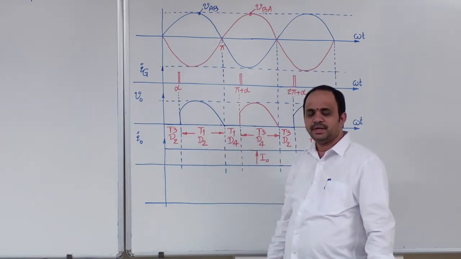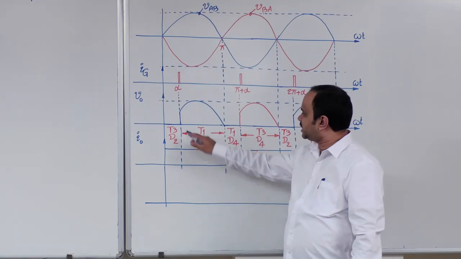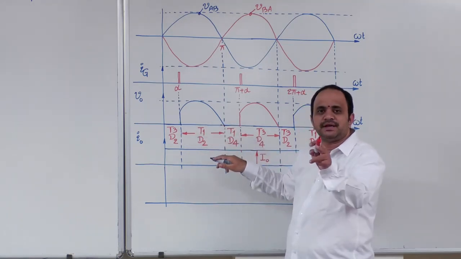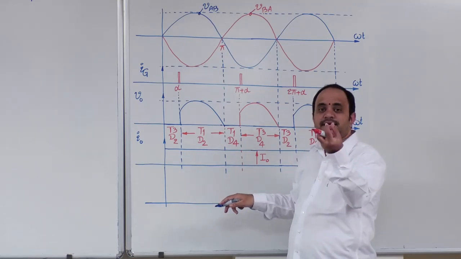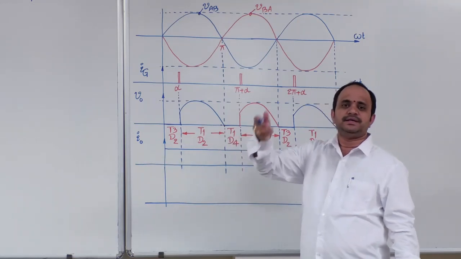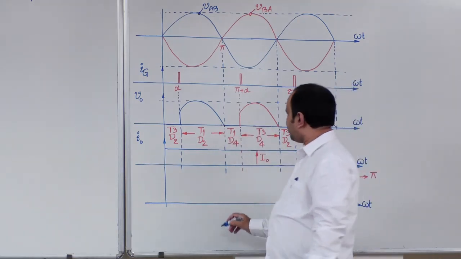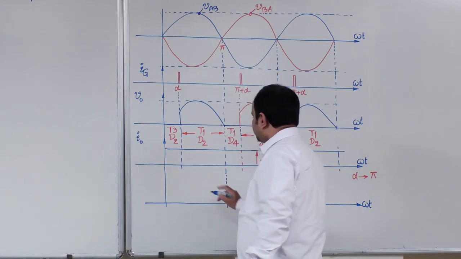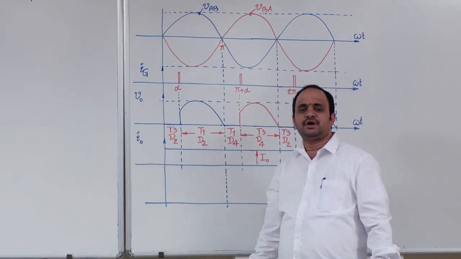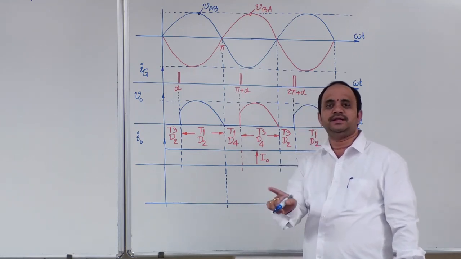But if T1 is triggered very close to pi, the pi minus alpha duration will be very small. In that period, T3 may not complete the recovery process. Then T3 fails to turn off, the line commutation of T3 will fail.